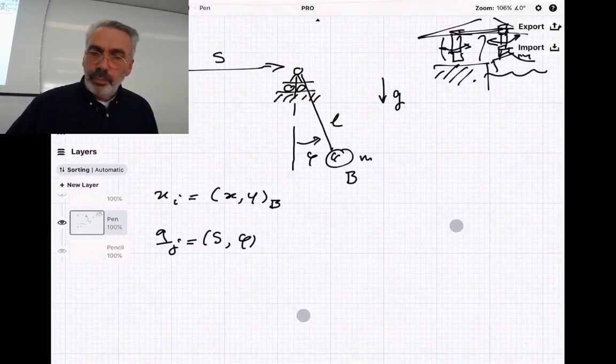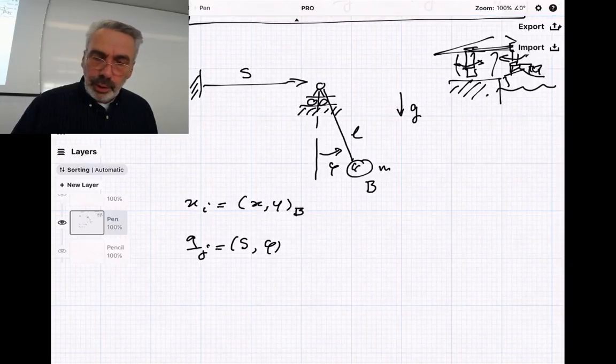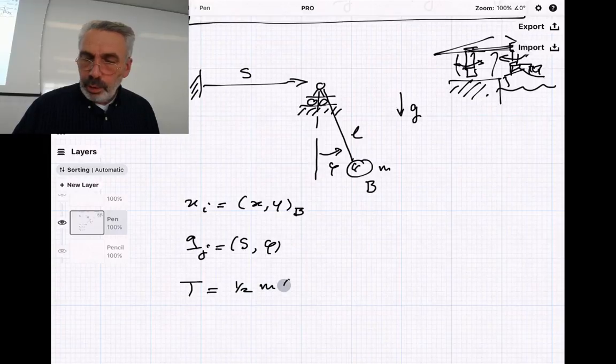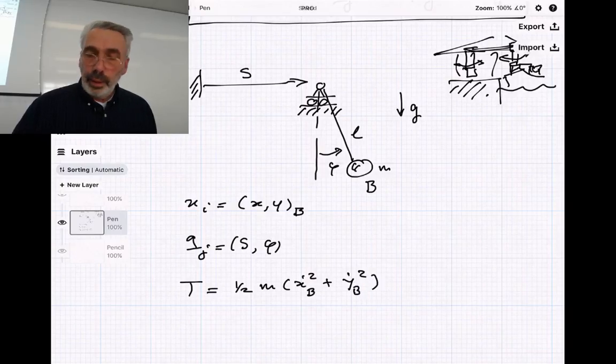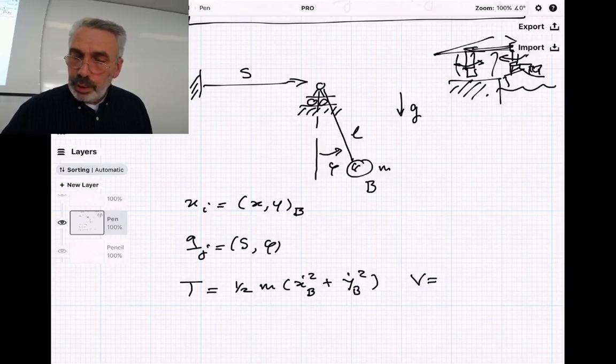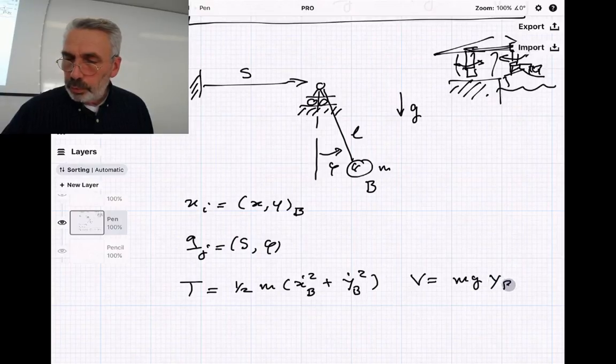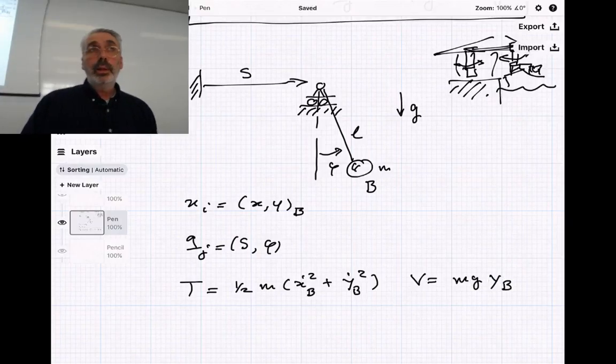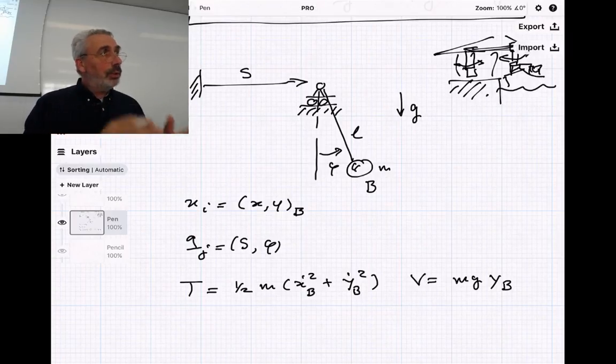Meaning that the kinetic energy, I know, is very simple. That's always something like this: 1/2 m times x dot squared plus y dot squared of this body B. And for the potential energy, that's mgh, so mg and then the height of the bulb. So mg and then the y coordinate of B. The only thing I now have to do is to define my coordinates in terms of the generalized coordinates, and the rest is algebra.